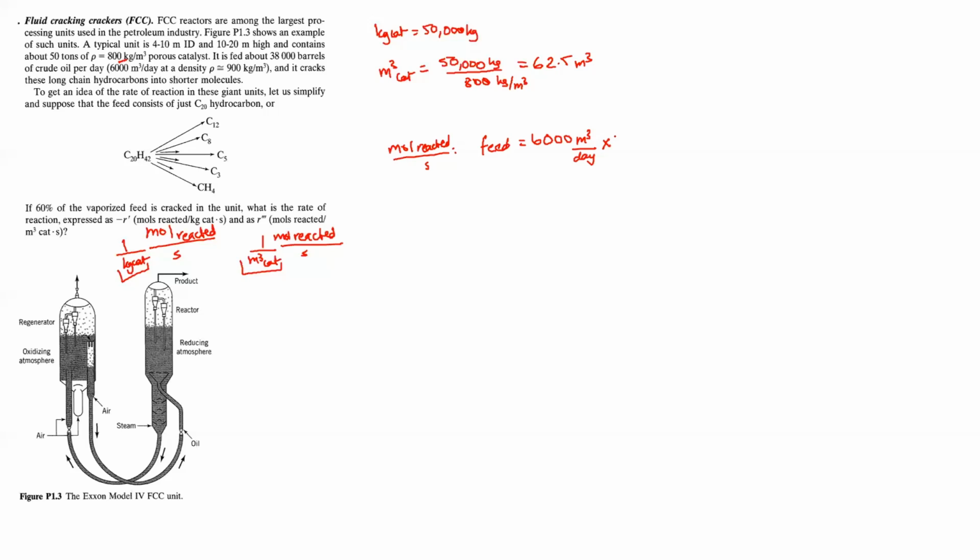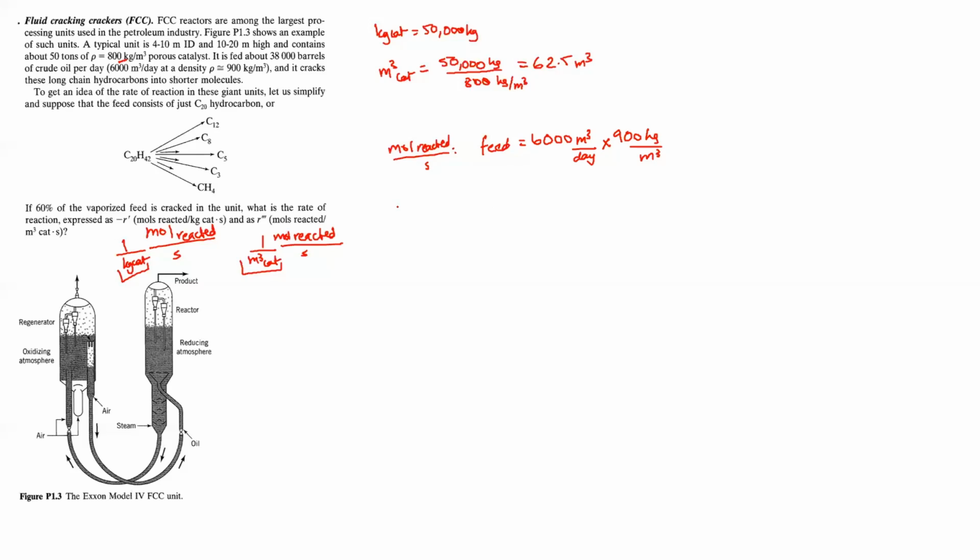I'm told the feed is 900 kilograms per meter cubed. So multiplied by 900 kilograms per meter cubed, multiplying these two, I can get the feed in kilograms, and then I need a molecular weight to convert from kilograms to moles, right?